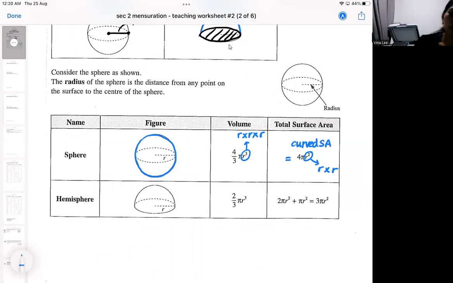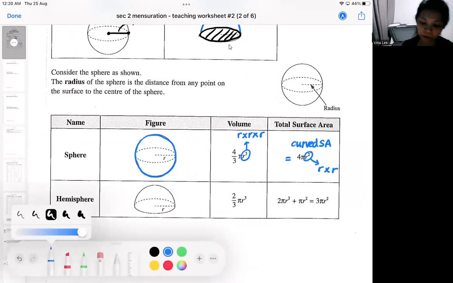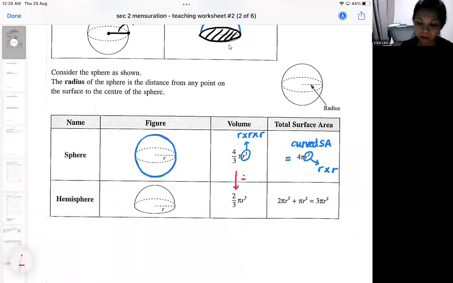When it comes to a hemisphere, which is half of a sphere, you just directly divide the volume by 2. That's why instead of 4/3 pi r cubed, you get 2/3 pi r cubed. You simply divide by 2.